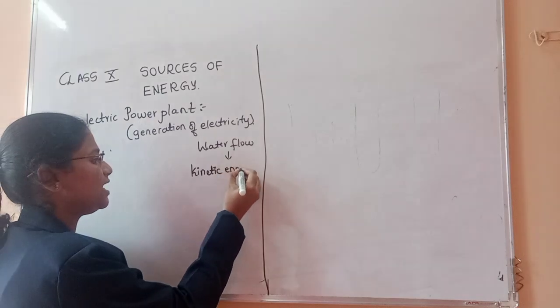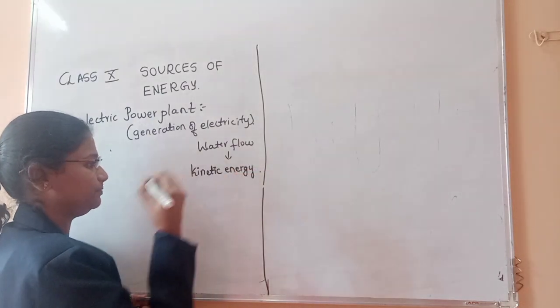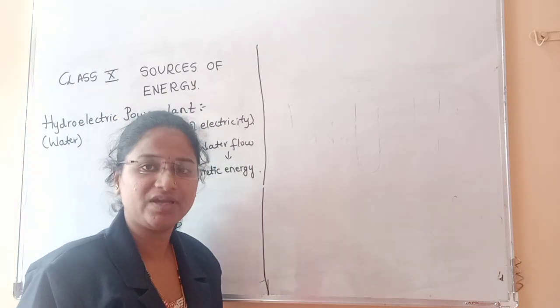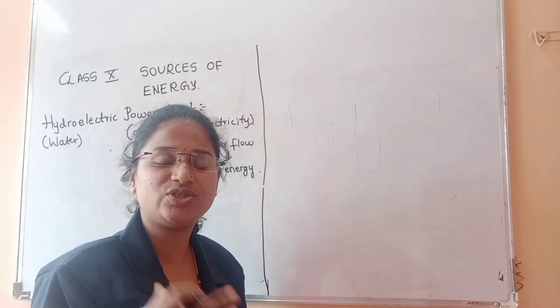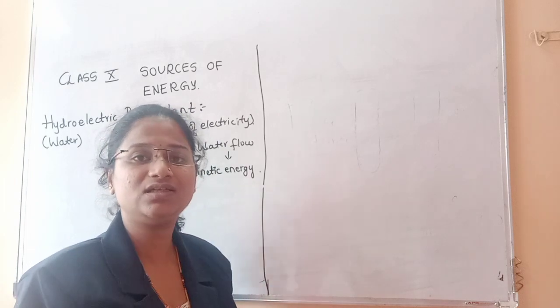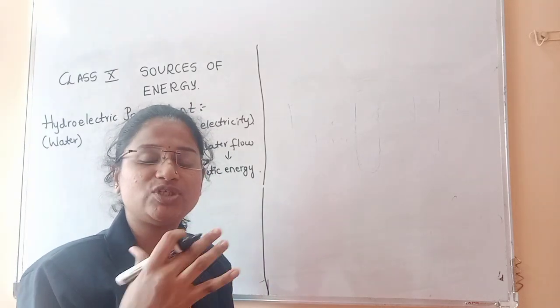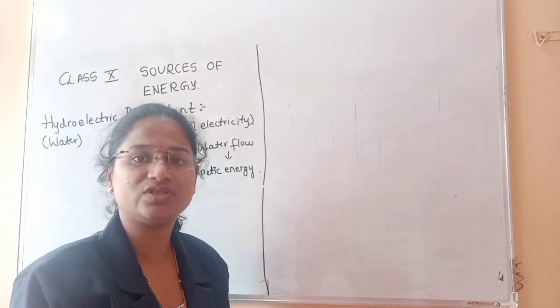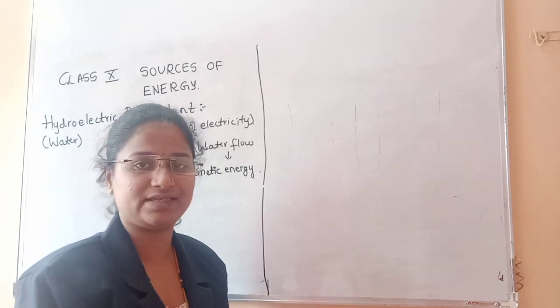This kinetic energy of water due to its flow makes the turbine rotate. When the turbine rotates, the coil inside the generator rotates, which changes the magnetic field of the two magnets and produces electricity.